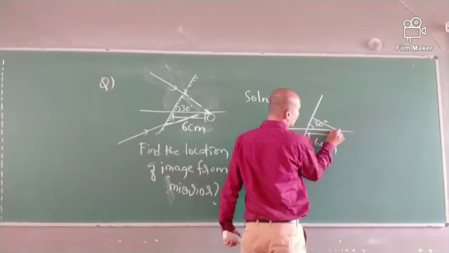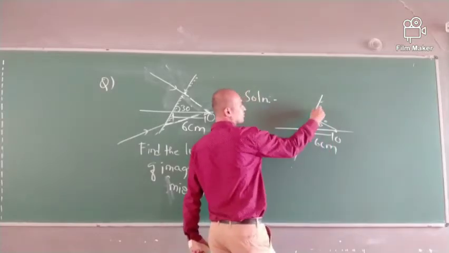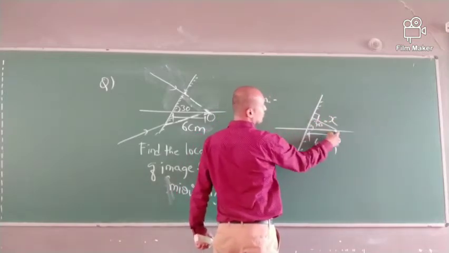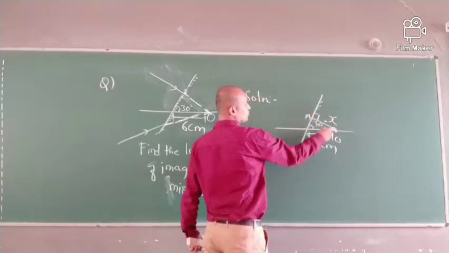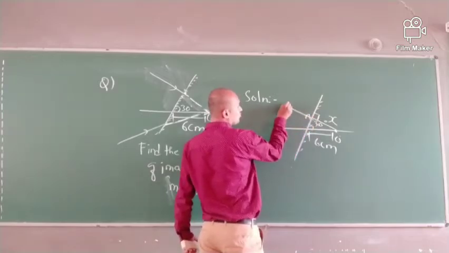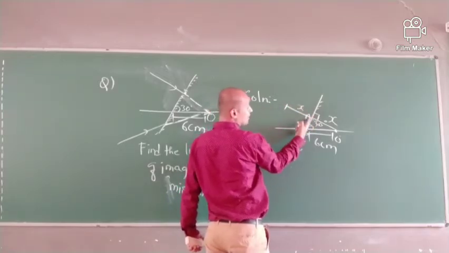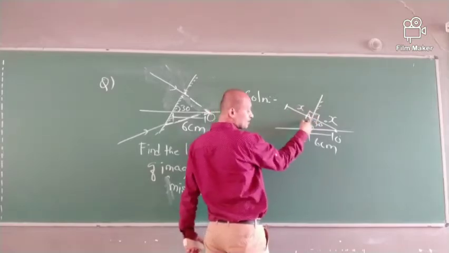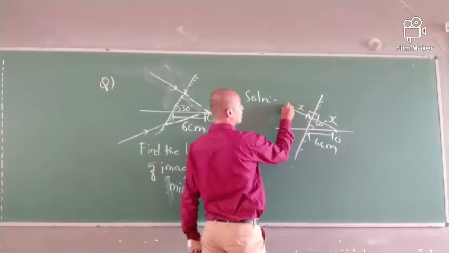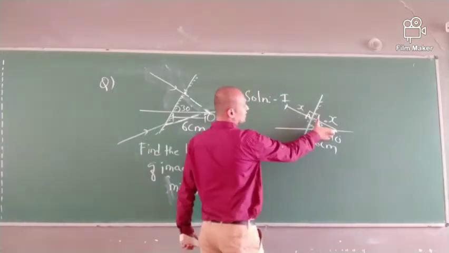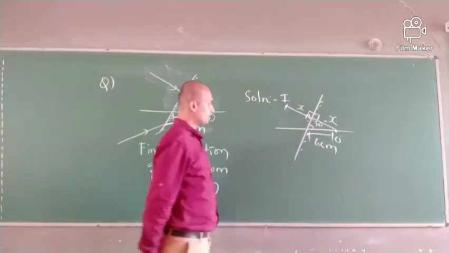If I draw one line which is perpendicular to this mirror, and let's say the distance between these 2 points O and A is x, the image is going to form on another perpendicular line. If I draw this side, it will be covering the same distance x. Image is going to form somewhere here. Got it now? So if I find this part, I am going to get the image.